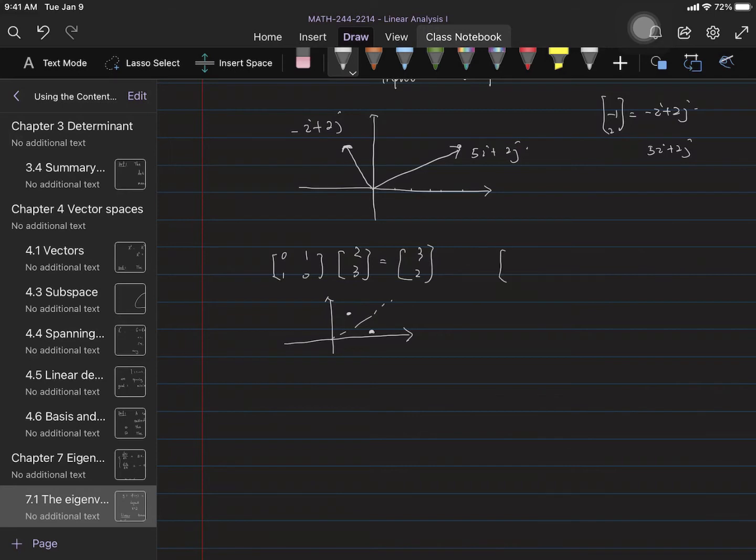Let's do one more: [0, 1; 1, 0] transforms (1, 2) into (2, 1). And the same matrix A transforms (1, 1) into the same vector (1, 1), because the vector is on the line y equals x.